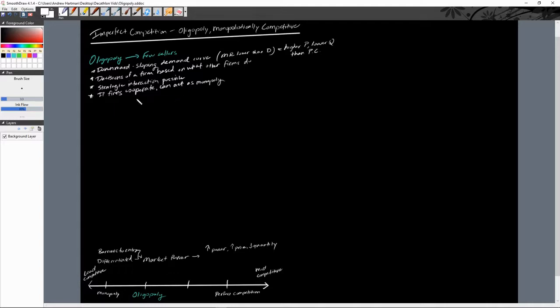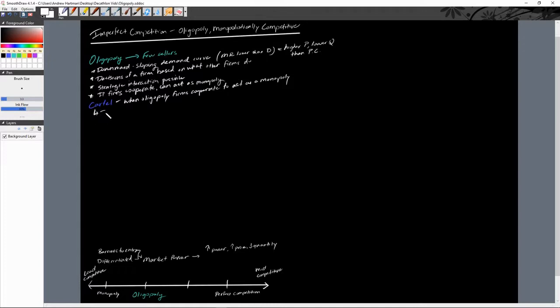Okay, so this idea, firms cooperating, is a cartel. A cartel is when oligopoly firms cooperate to act like a monopoly. Which is, as you probably know, at least in the United States, in most countries, illegal.